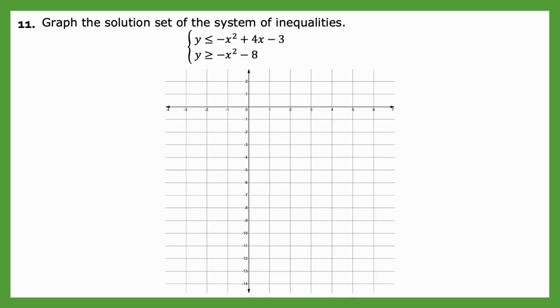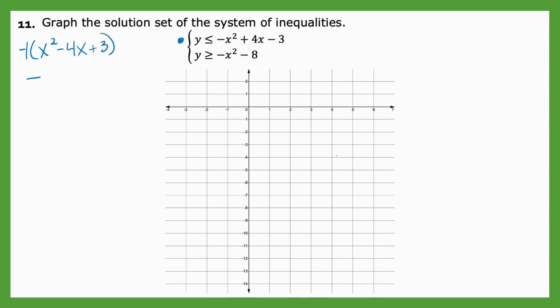Okay, third graph on here, we are given two quadratics, so we're going to have two parabolas. The first parabola, the top one, I'm going to think, could I factor that? So if I took out a -1, we would have x squared minus 4x plus 3.